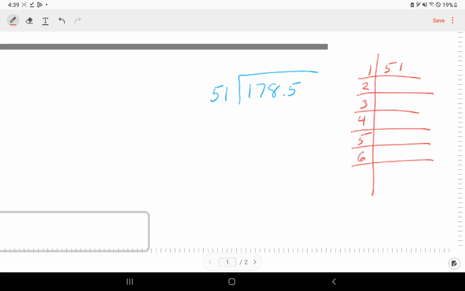And so 2 times 51, well, 1 and 1 is 2. 5 and 5 is 10. 1 and 2 is 3. 5 and 0 is 5, and so 153. 1 and 3 is 4, 5 and 5 is 10, carry 1, 1 and 1 is 2. And then 1 and 4 is 5. 5 and 0 is 5, so 255. 1 and 5 is 6. 5 and 5 is 10. Carry 1, so 306. And I'll add to it if I need to.